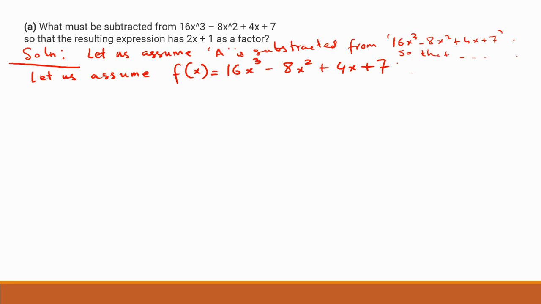Now write again: let us assume f(x) equals the entire expression minus a. Okay, now we get f(x). They are saying 2x plus 1 is a factor of the expression f(x).